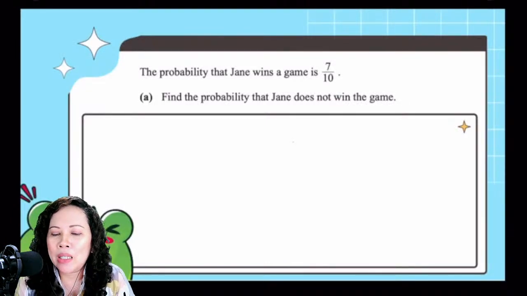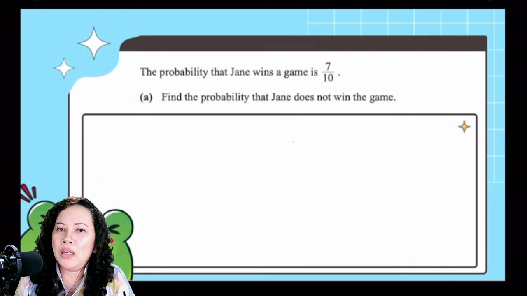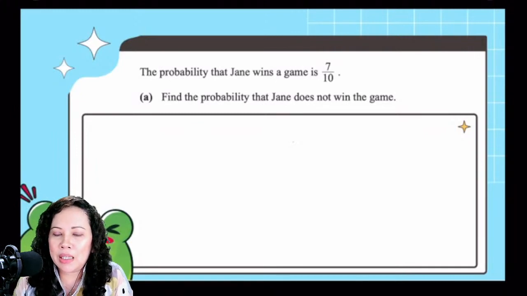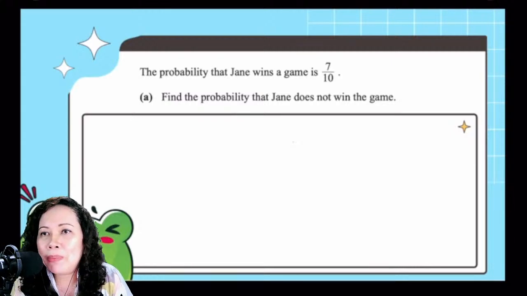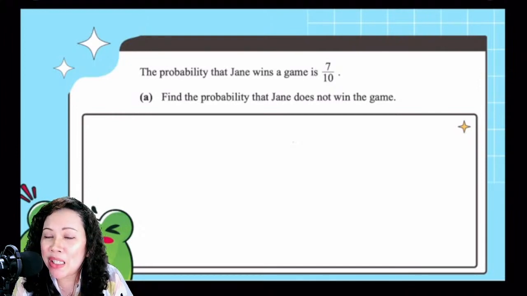Yeah, so this is the first question, probability. There are 3 different questions that I have prepared. So when we say probability, this is the chance of something to happen, an event to happen. So probability can be in the form of decimal, it can be in the form of fractions, it can be in the form of percentages.